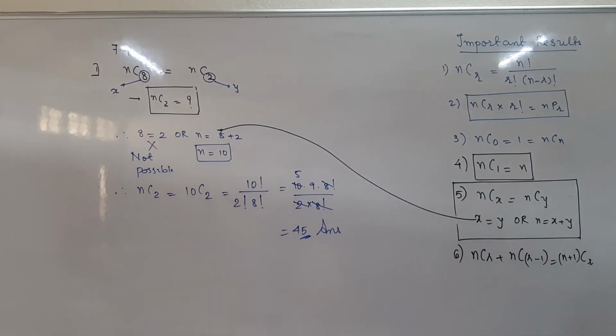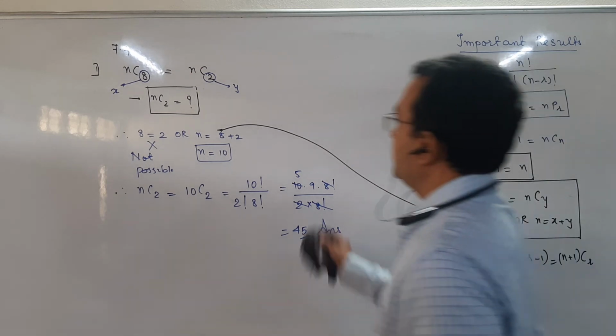So, this is very important students in combination and permutation to simplify perfectly. Now, second, first part: 2nC3 is to nC2 is equal to 12 is to 1. Again, find n.